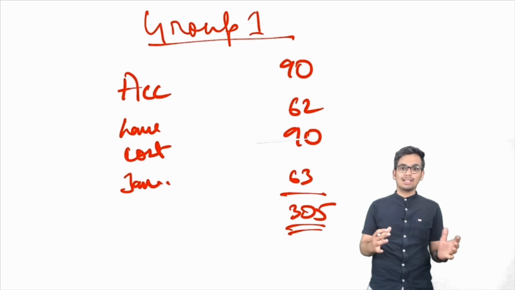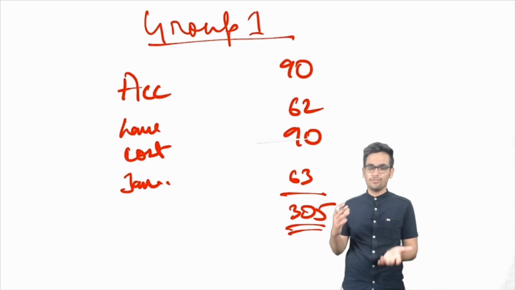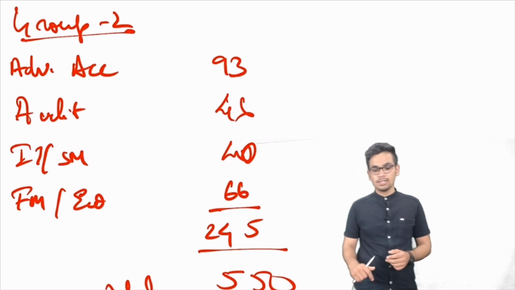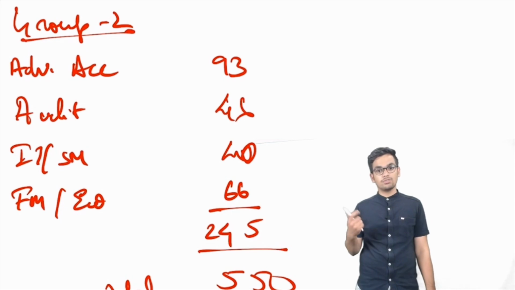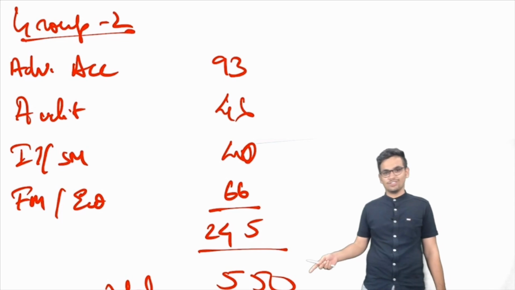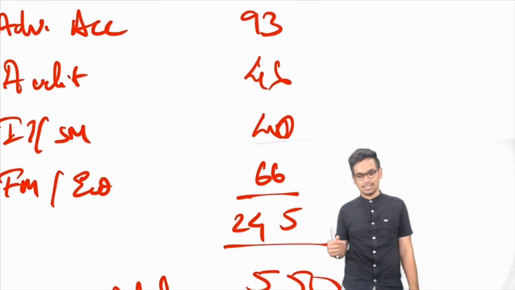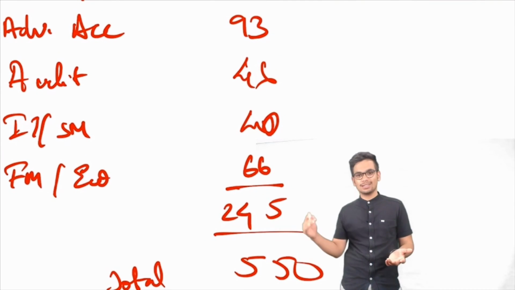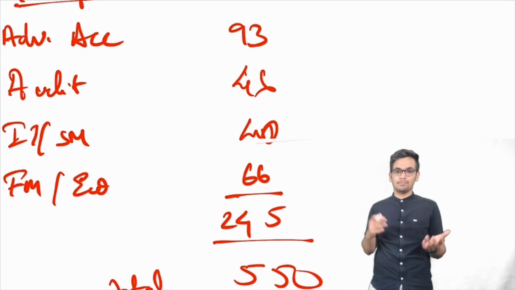The numbers let me score high marks, greater than 50%, which is the basic requirement. In group 2, again the numbers helped me go up. Advanced accounts 93, audit 46, ITSM 40, and FMECO 66. So my total score was 550. The 50th rank was 569, which I missed by 19 marks.